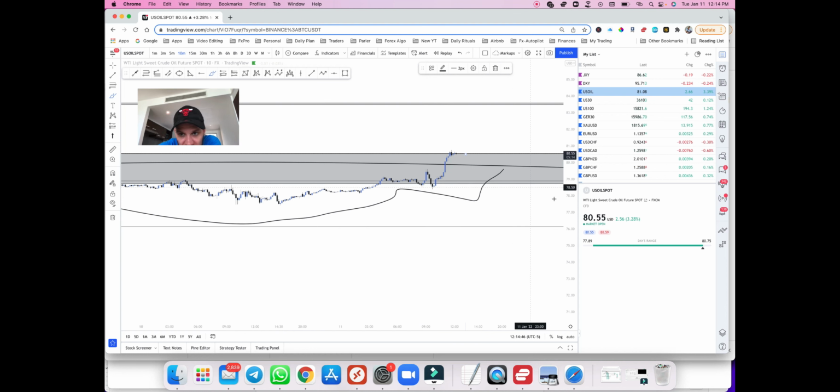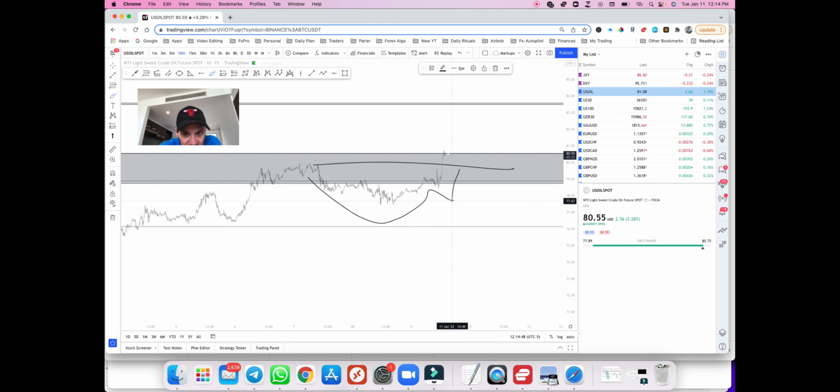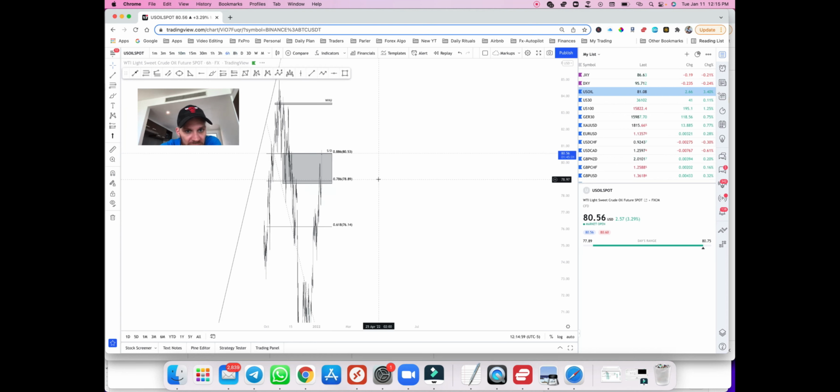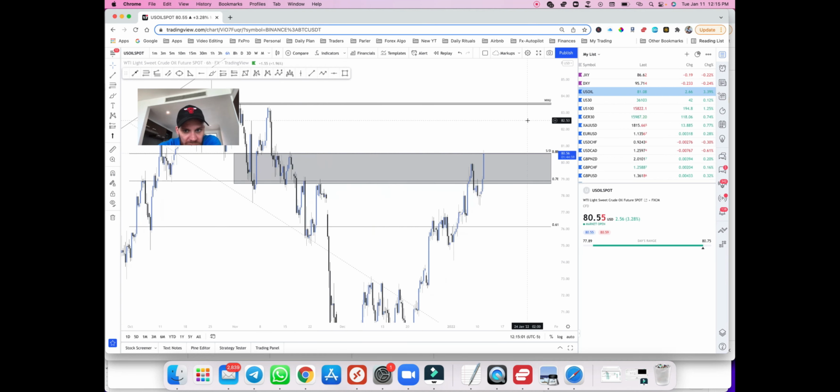So we could have entered around here somewhere. Let me just delete this. But that's lower time frame analysis. Right now I'm just showing you how to identify good locations for reversals.